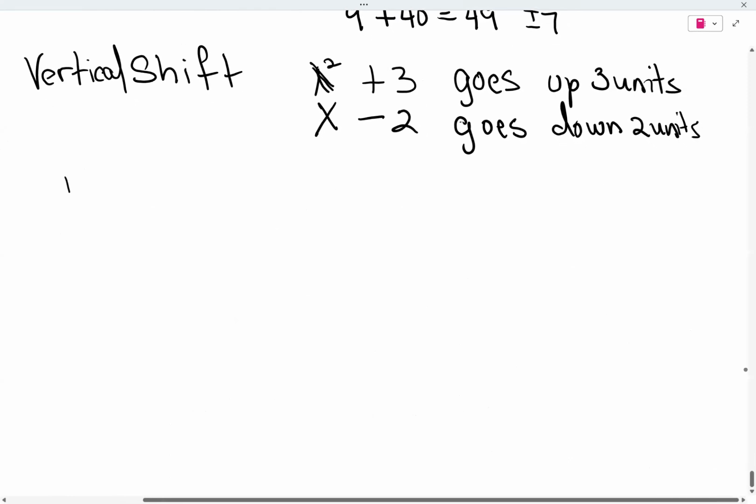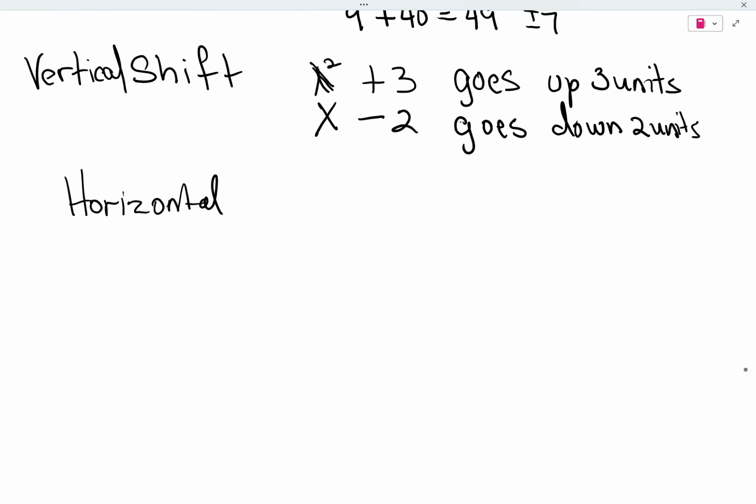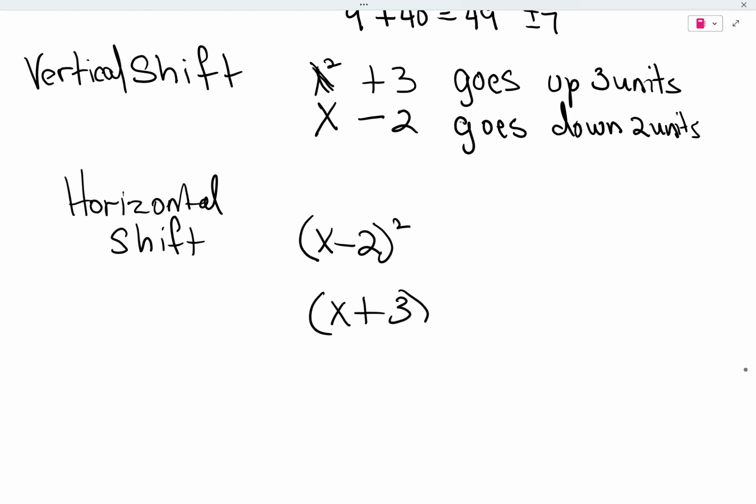We also have horizontal shifts. With the horizontal shift, what I want you to remember is you're looking at the function itself. So instead of x squared, this is like an (x -2) squared, as an example, or an (x +3) squared.